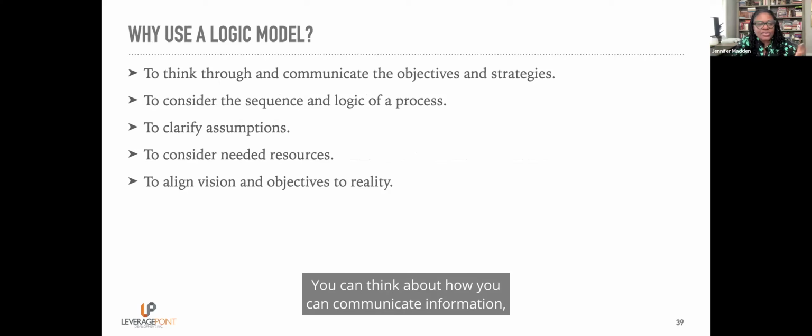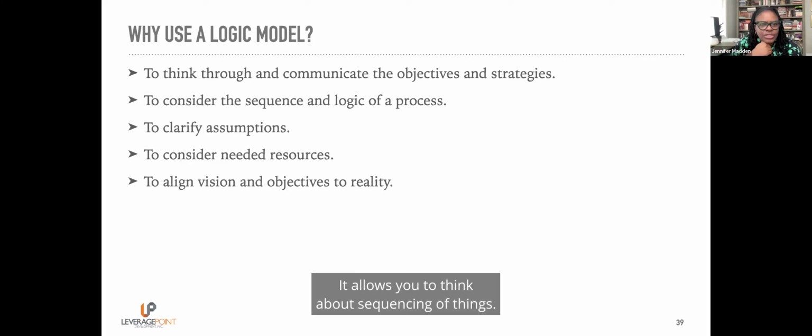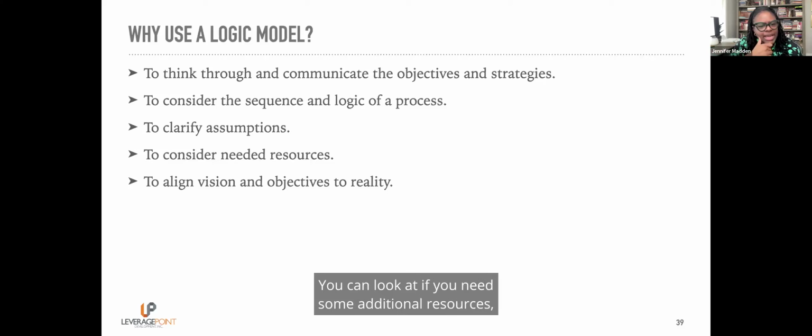There's lots of reasons to use a logic model. You can think about how you can communicate information. It can be different strategies that you want to take. It allows you to think about sequencing of things. You can really clarify different assumptions. You can look at if you need some additional resources.